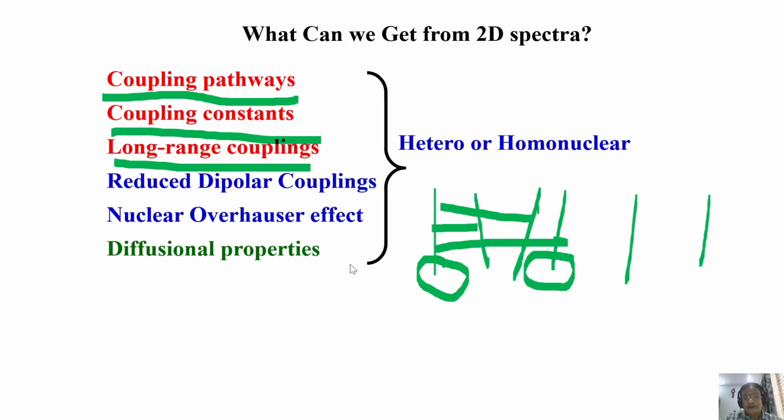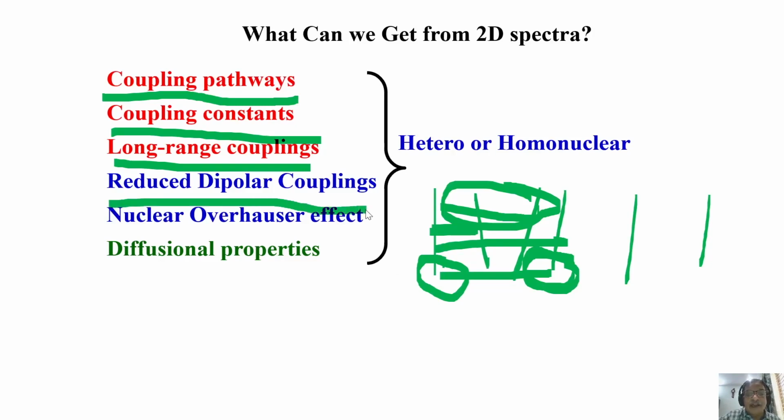So consider this a carbon coupled to a proton 3 bonds away. Can I get only this coupling, suppressing these two? It is possible. You can get only this, or only the 1 bond coupling. Like that, you can design an experiment to get specific information. You can get only long range couplings, or only 1 bond couplings.